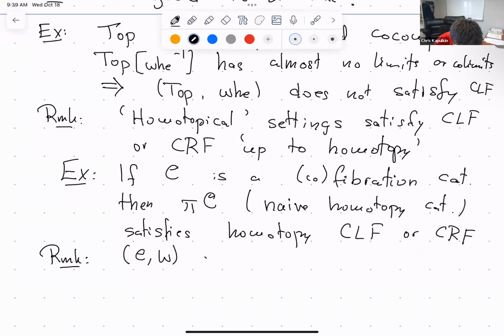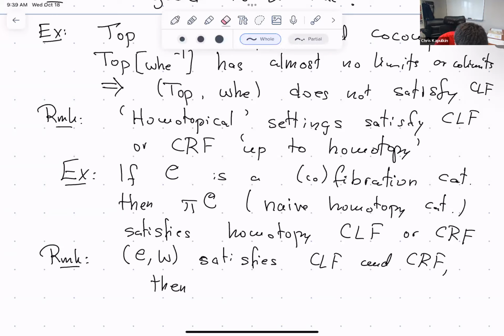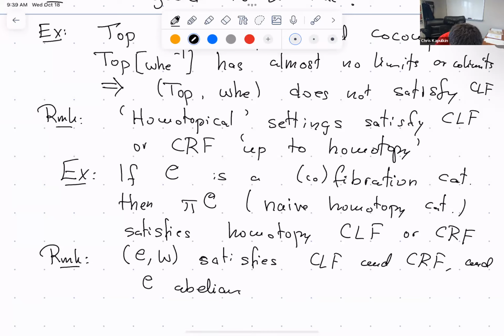So they prove that if this marked category satisfies CLF and CRF, then, I need one more assumption, and C is abelian, then C[W^-1] is again abelian.